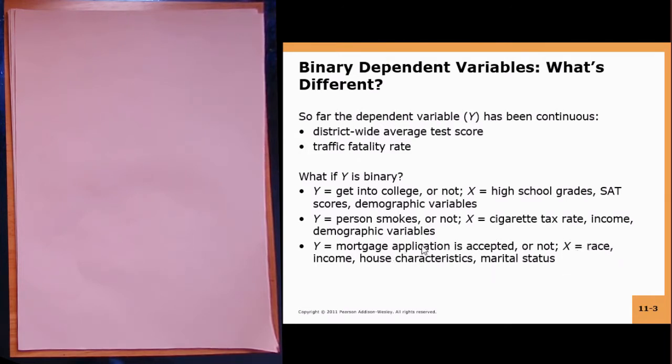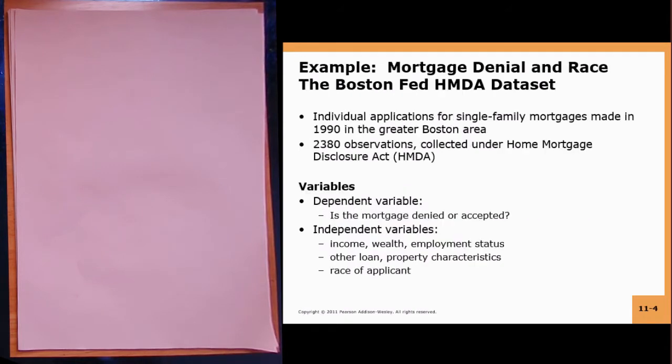So this is another case where it either gets accepted or denied. Here, either they smoke or they do not. Here, you may get into college or not. As you can see, in each of these cases, the y variable is binary. There is nothing like half getting into college or half smoking or half a mortgage application being accepted. So the particular example that we will look at is the mortgage denial and race data set.